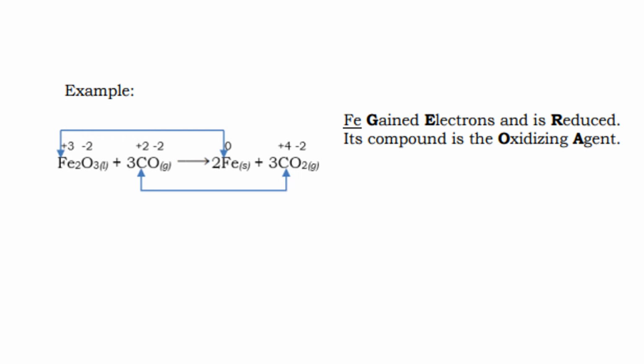So to easily identify the oxidation, the reducing agent, reduction, and oxidizing agent, which atom did undergo oxidation, which did undergo reduction, and which acts as oxidizing agent and reducing agent, we can use the acronym GEROA.